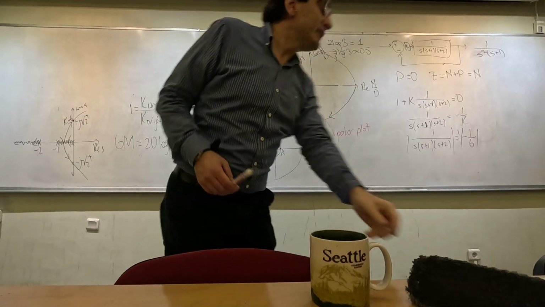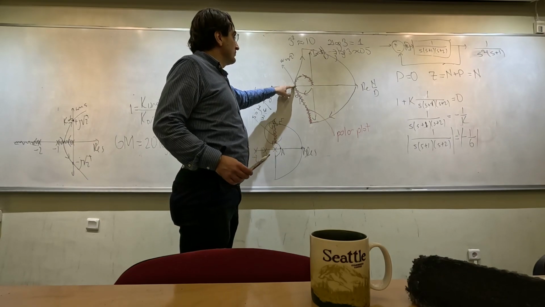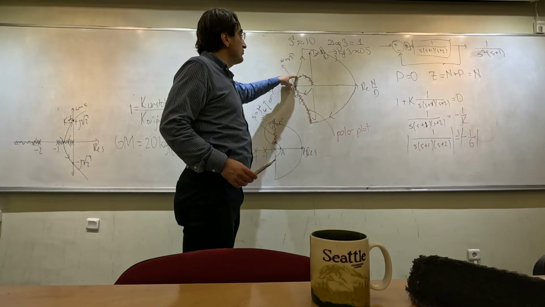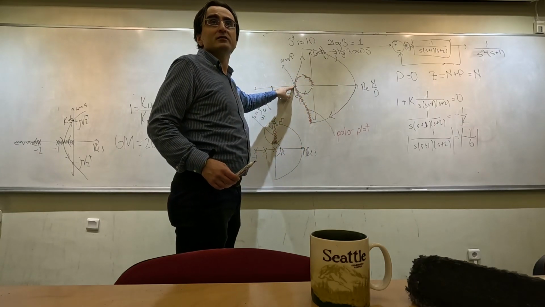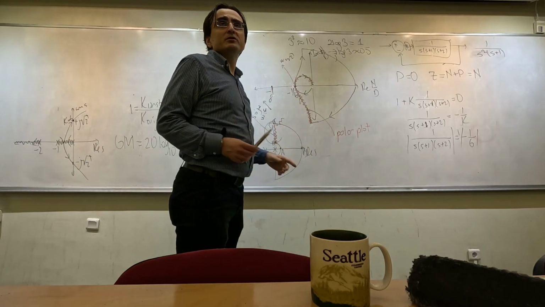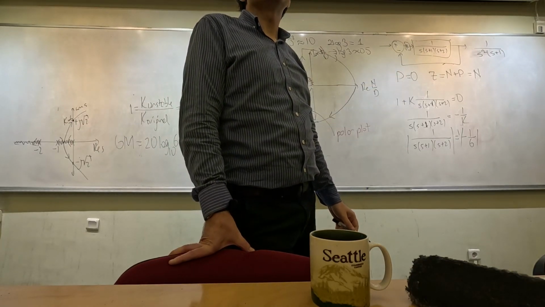So here, on this Nyquist plot, what is going to be important for us is such a point. This point is the point at which the frequency response of the system intersects the negative real axis. What is the property of the negative real axis? How can I describe it?